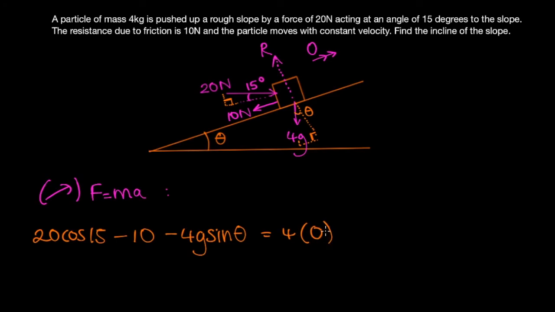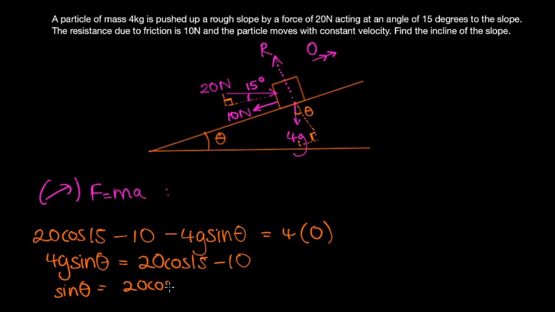And so now that we've got this equation, we can rearrange this for theta. So 4g sine theta is equal to 20 cos 15 minus 10. Therefore, sine theta is equal to 20 cos 15 minus 10 all over 4g.